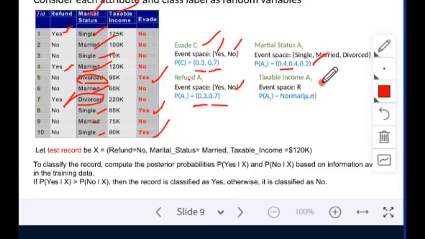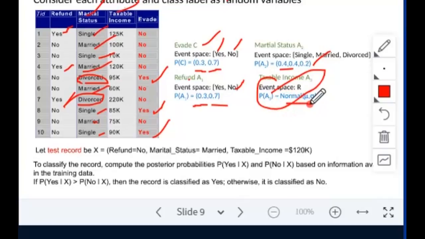That's what I am telling you: P of X given Y equal to y. Here we are doing P of A given yes and given these values. So taxable income is continuous. The categorical ones we can easily do, but this has to be treated a little differently.